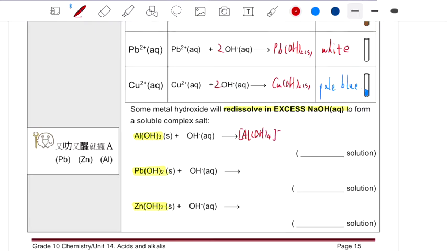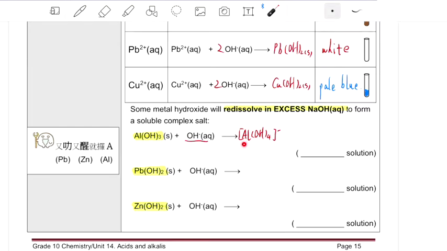Why do we have a minus charge here? That's because the overall charge needs to be balanced. On the left side, we have one hydroxide ion which carries one minus charge, so on the right-hand side the charge also needs to be balanced.